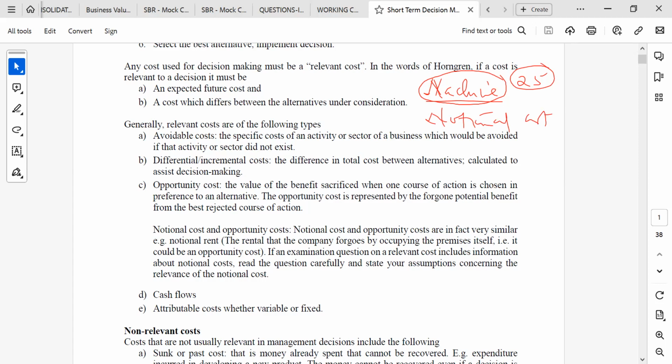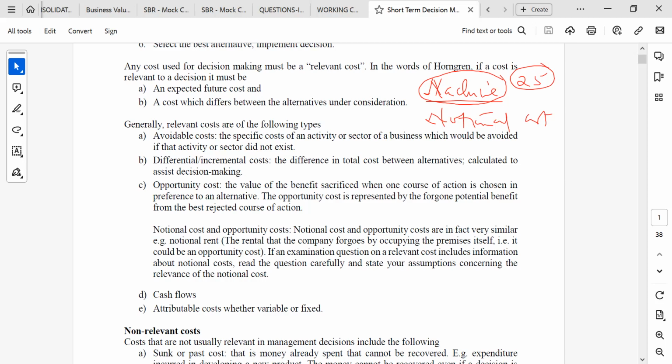If I'm going to be putting 10 Ghana cedis into a project, and the project is going to be giving me 2 cedis, assuming that I'm investing this 10 cedis somewhere, what will be the interest I'll be getting on it? So if you are trying to calculate the interest that you'll be getting from the 10 cedis, that is what we call the notional cost. That particular cost does not exist, but you are just trying to assume what will happen if this should be the case.